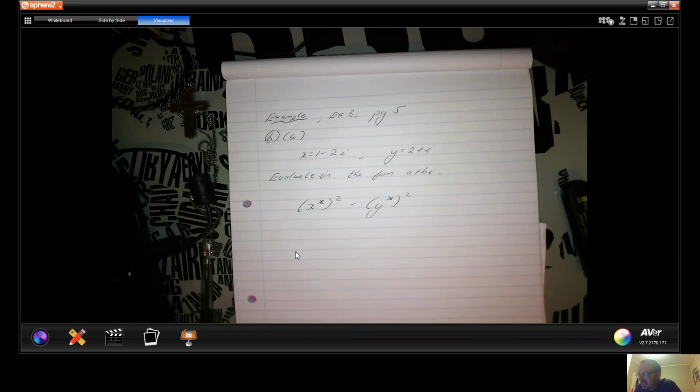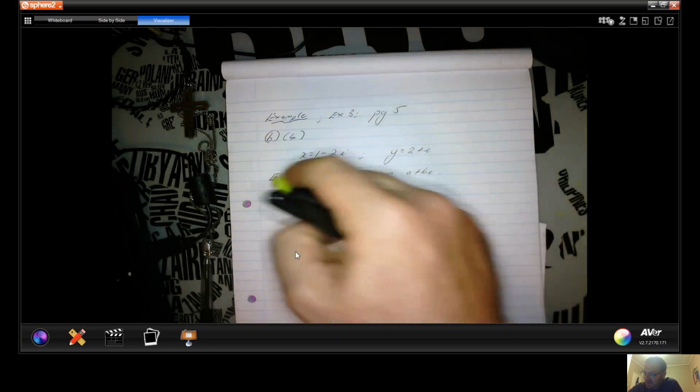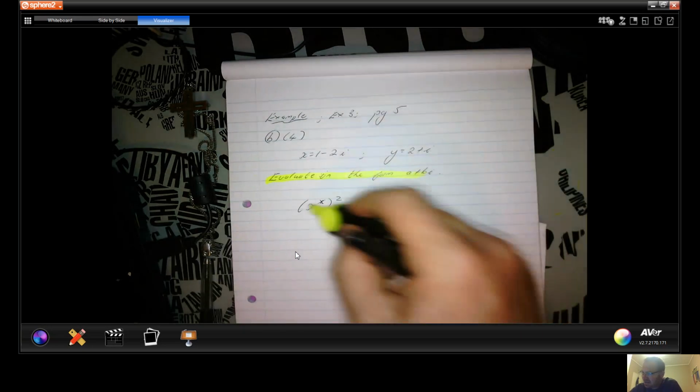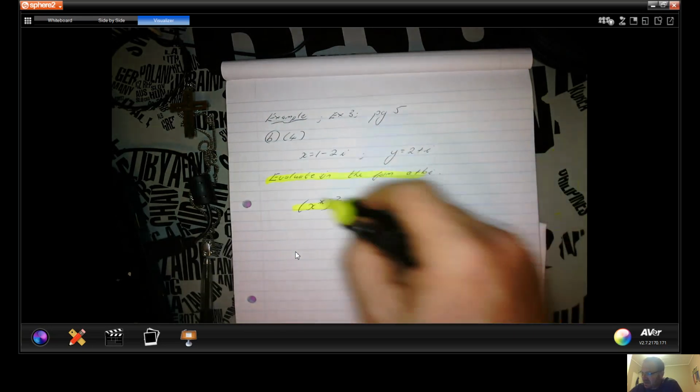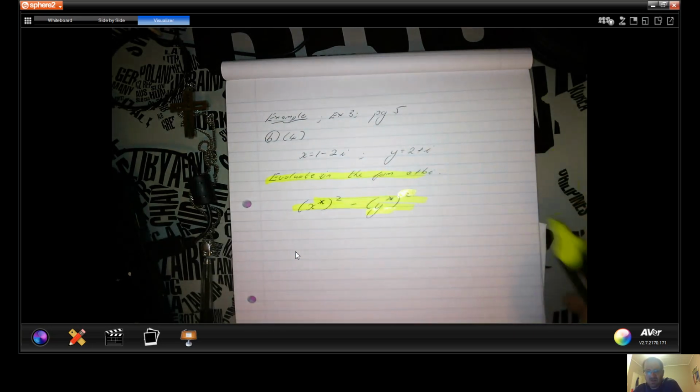The question says, given x is equal to 1 minus 2i and y is equal to 2 plus i, evaluate in the form a plus bi the conjugate of x squared minus the conjugate of y squared. Have I written that question down correctly? Just double checking it. Conjugate of x squared minus the conjugate of y squared is indeed correct.